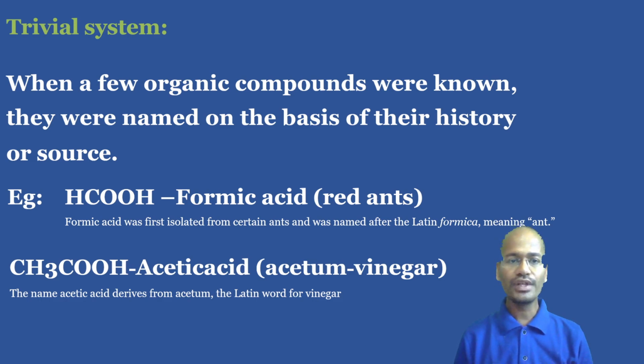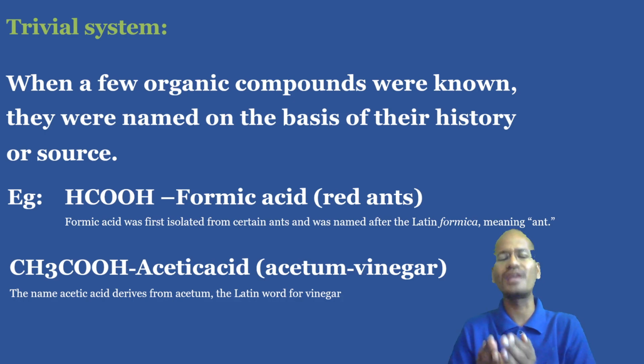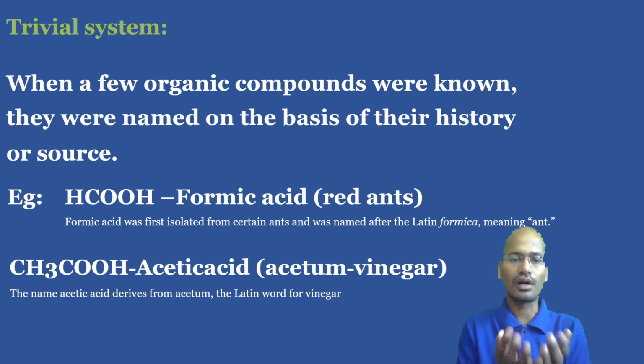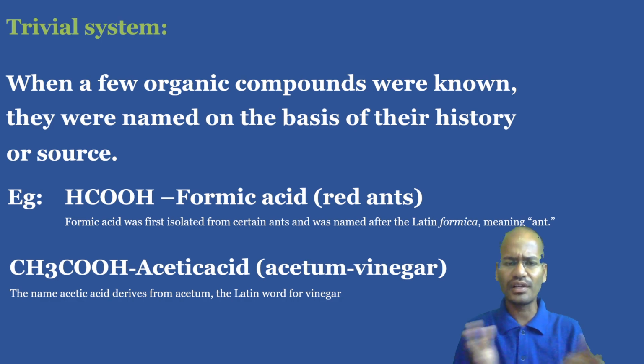So the trivial system of nomenclature is purely based upon its source or history or some other important point related to that particular compound. You can't find any rules or nomenclature behind this trivial system. It's as simple as that.